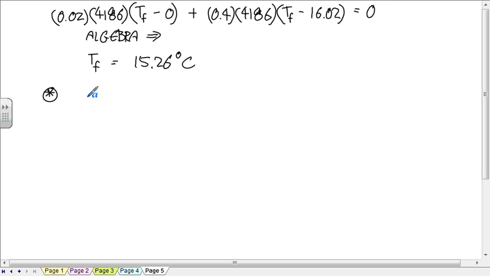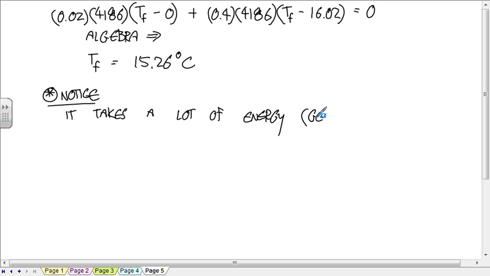Any questions about that? Okay, one thing to notice, this is sort of a loose statement, but it's kind of an intuitive statement. But latent heats are big. It takes a lot of energy, generally speaking, to change a material's phase.